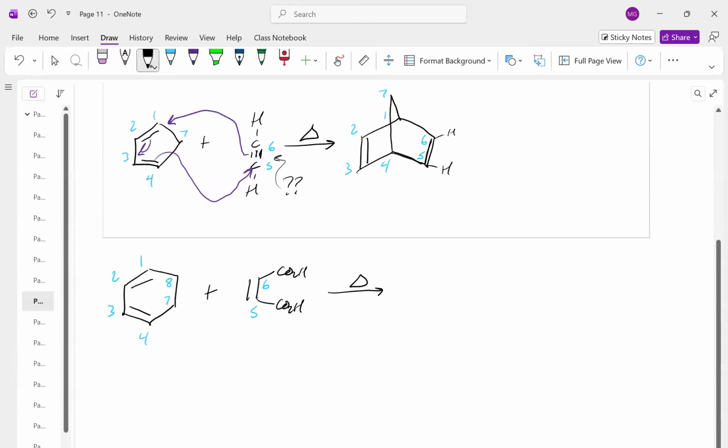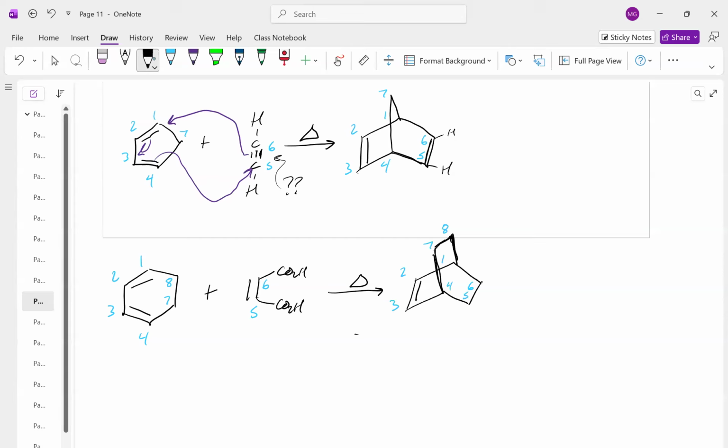And since our diene is part of a ring, I'm going to use this weird looking cyclohexene template. So 1, 2, 3, 4, 5, and 6. And now let's deal with carbons 7 and 8. Well, since it's a 6-membered ring, I'm going to have a 2-carbon bridge here going upwards. So there's 7 and there's 8.